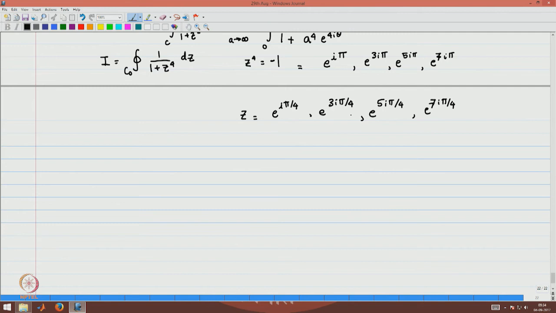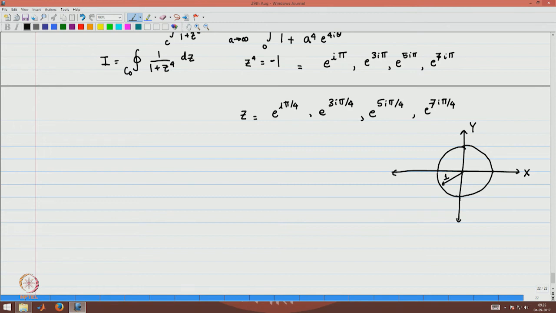Notice that pi by 4 is 45 degrees. So the roots are basically located on the unit circle. On the x, y plane, the location of these roots: if you draw the unit circle, this radius is 1.